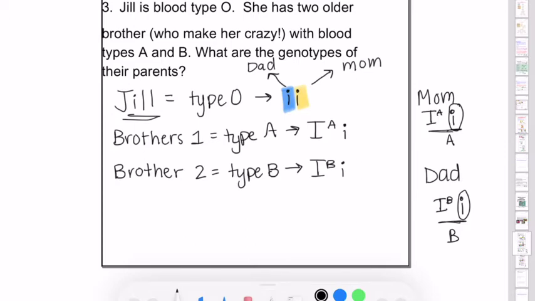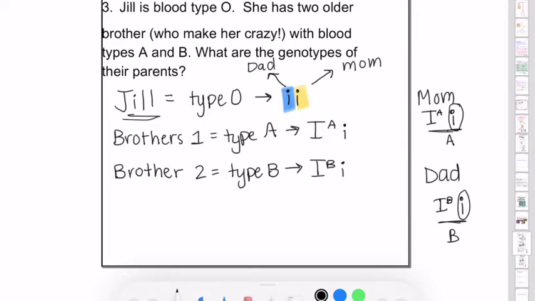Now the brothers, on the other hand: brother 1 may have got the A from his mom and the i from his dad, and brother 2 would get the B from his dad and the i from his mom.